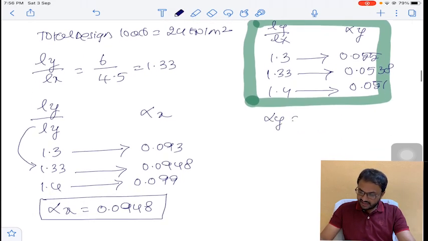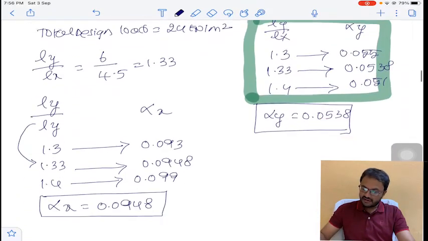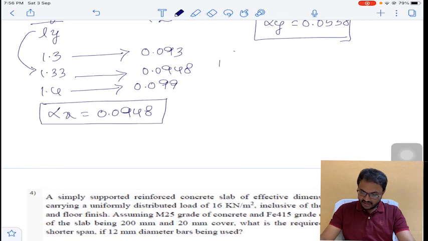So alpha y value is equal to 0.0538. So statement 2 says 0.0825. We got 0.0538. Statement 2 is wrong. Now coming to moment along x direction, we have a formula Mx equal to alpha x w Lx square.